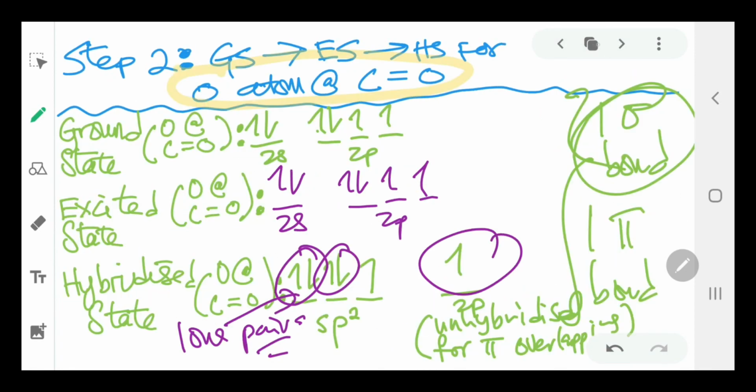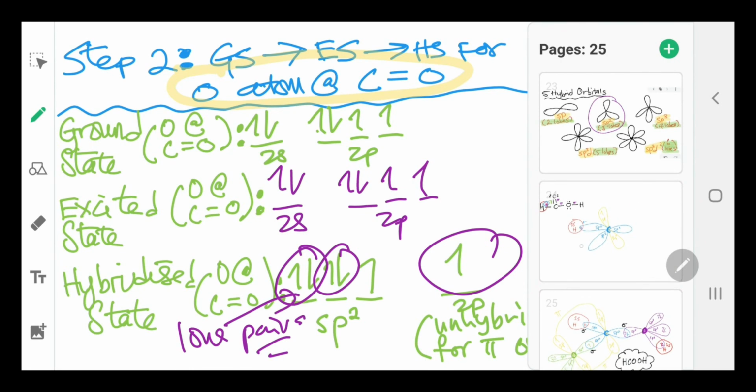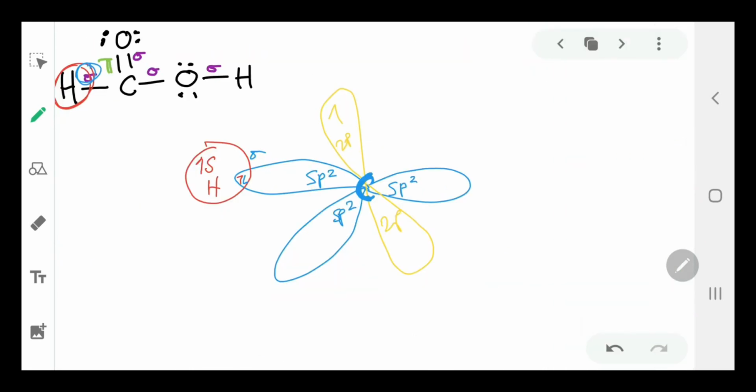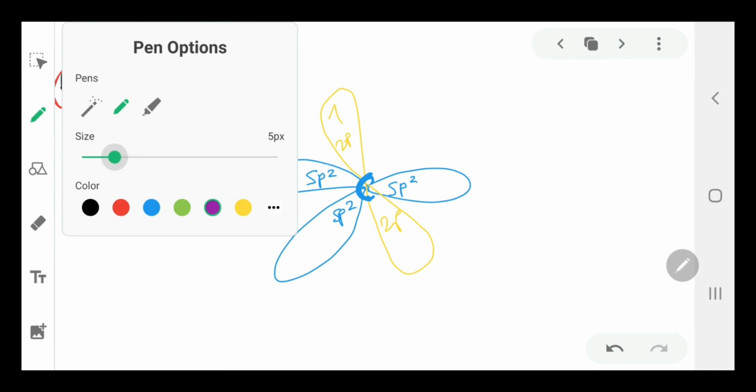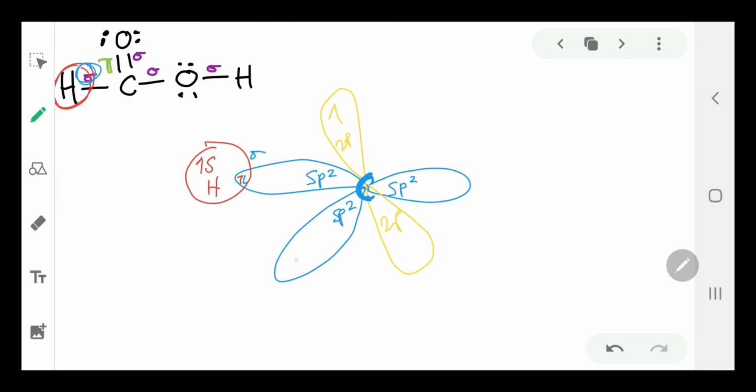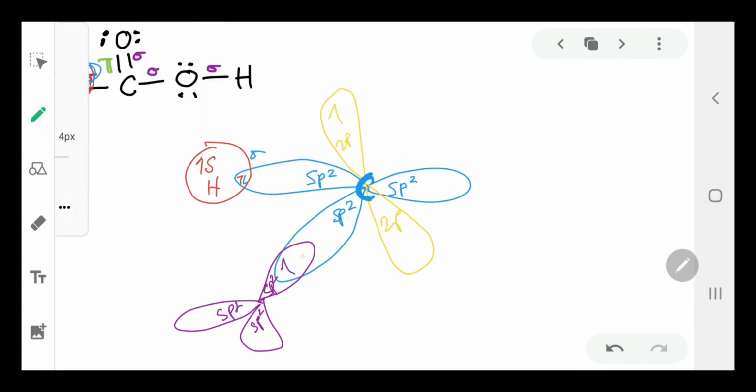So let's go to the structure here. The shape just now is sp2. So we're going to draw one like this, like that. You have sp2, sp2, sp2, and that one is the sigma bond for that.